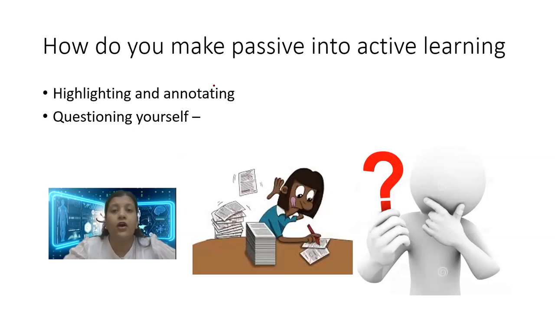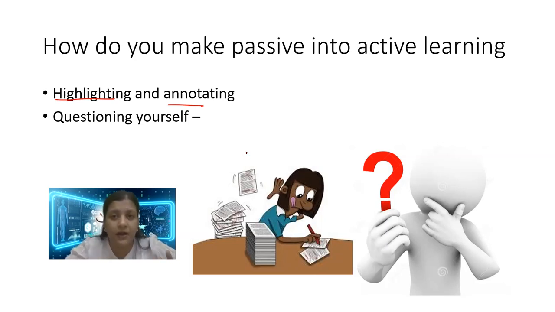Then how do you make your passive learning into an active learning? The first thing is highlighting and annotating. This does not mean that you take a book and highlight each and every point. You are supposed to highlight, or annotate, meaning making small notes, for those areas which you feel you are weak at.